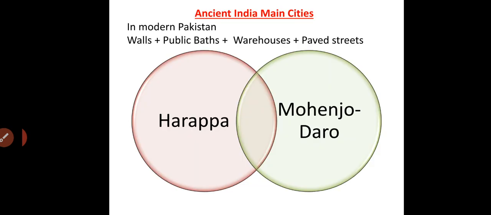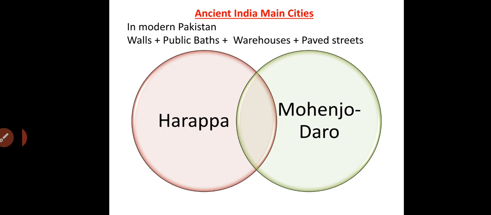Now let's talk about the ancient main cities. There were two main cities in ancient India. The first city is Harappa and the second city is Mohenjo-daro. Both cities are in modern Pakistan.